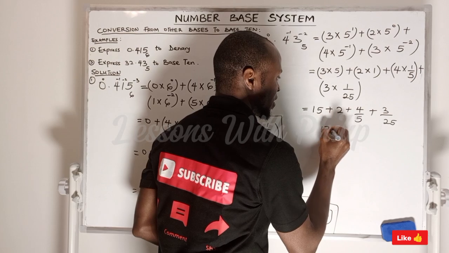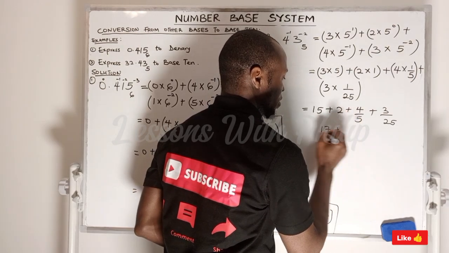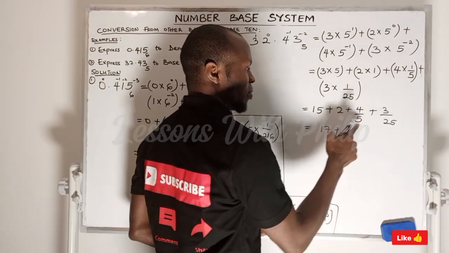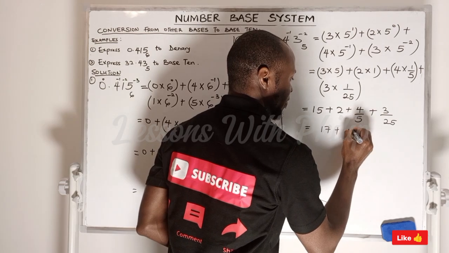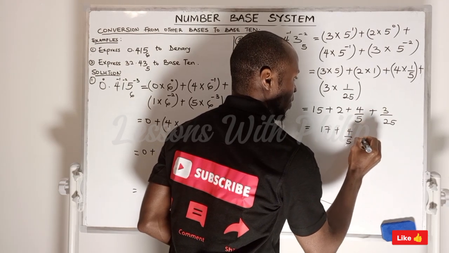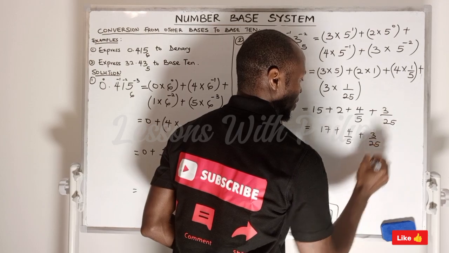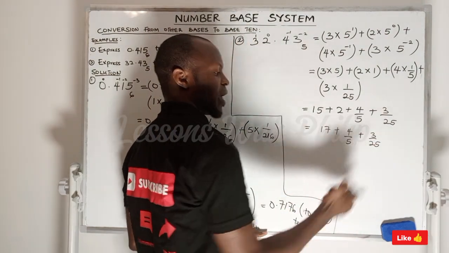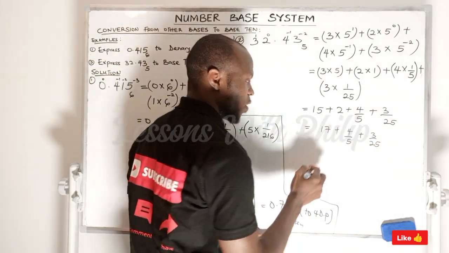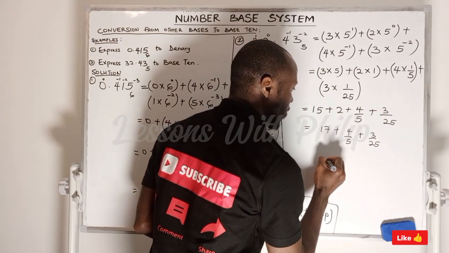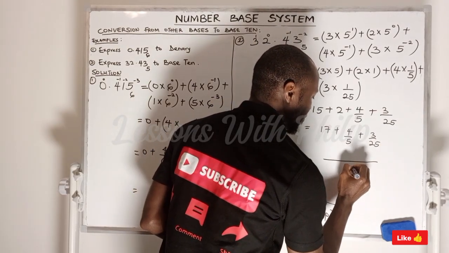I have 17 plus 4 over 5 plus 3 over 25. So I can decide to add all of them or find the LCM of all of them. The LCM of all of them will still be 25.